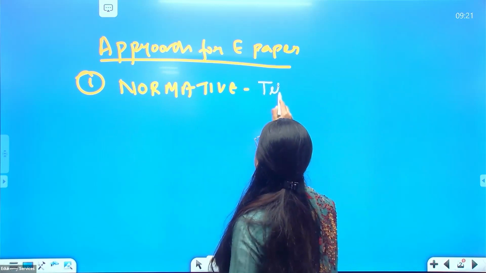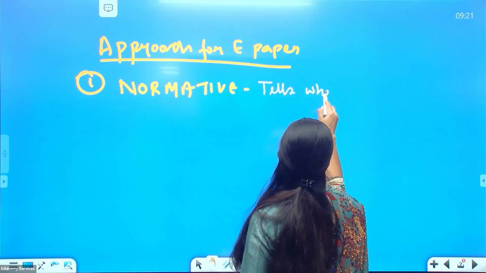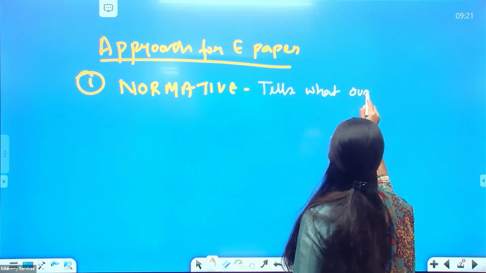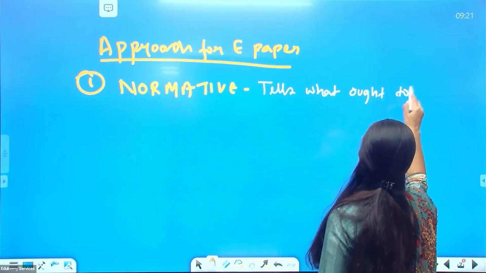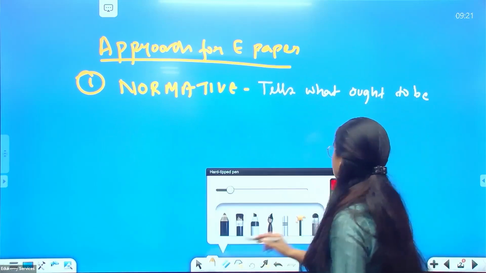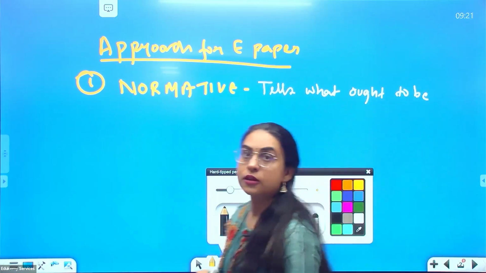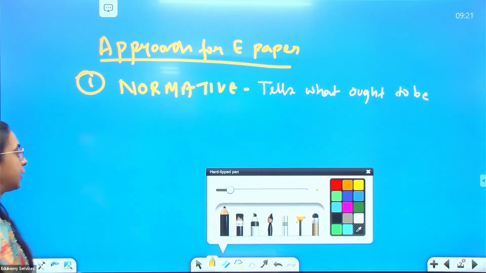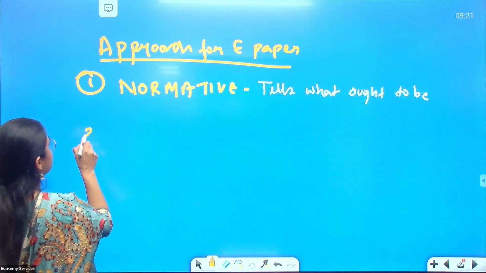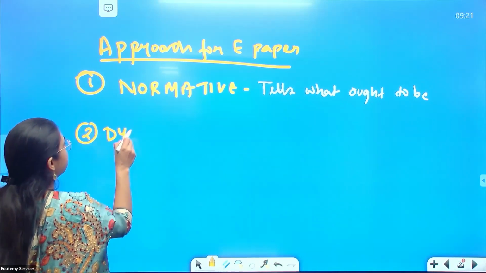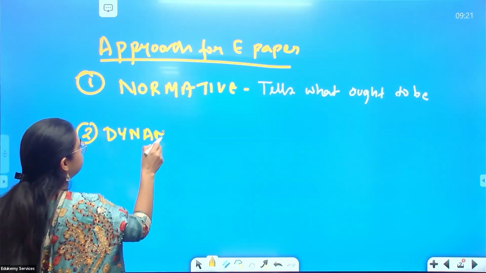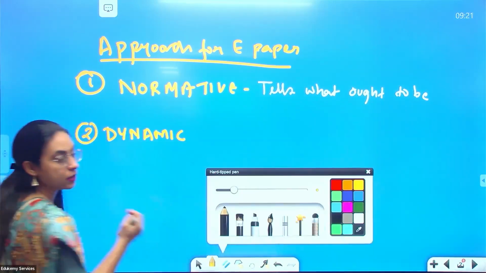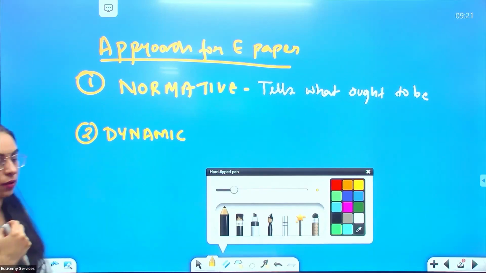It tells what ought to be. It is a normative paper. Second, it is a dynamic paper.